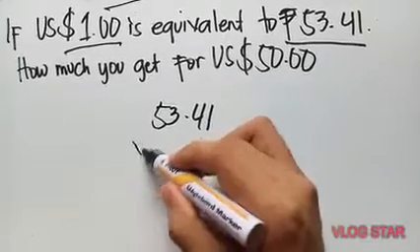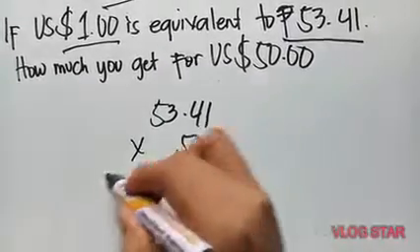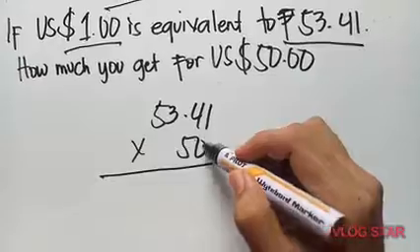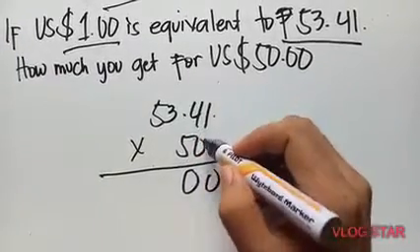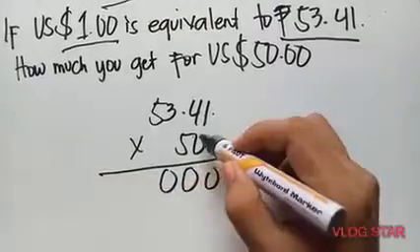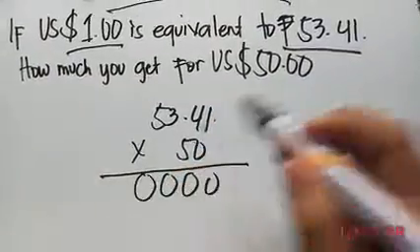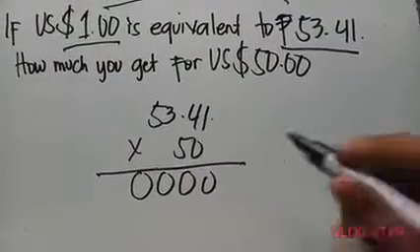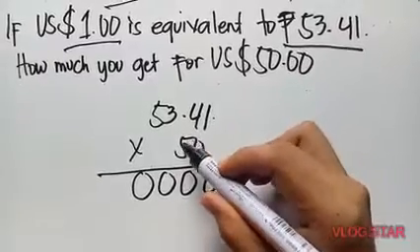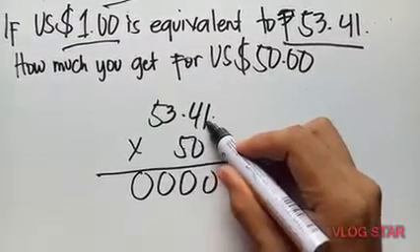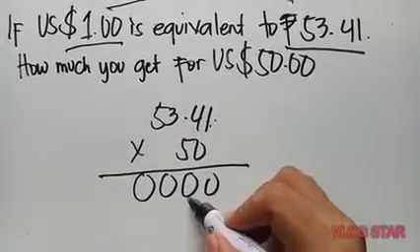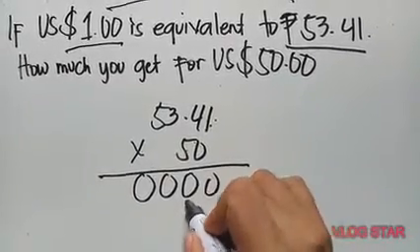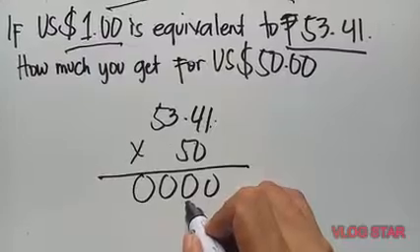53.41 times 50. Then multiply 0 times 1, 0; 0 times 4, 0; 0 times 3, 0; 5 times 0 is 0. The next is 5. Since 5 is in the tens place, we should put the first product here.